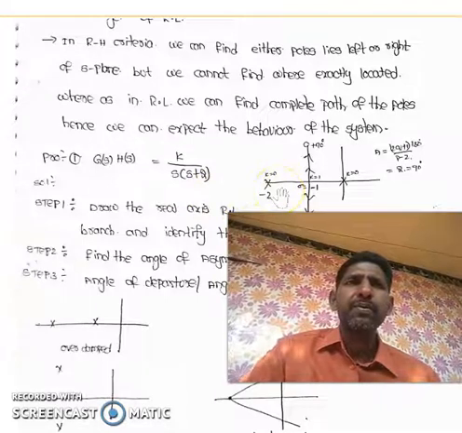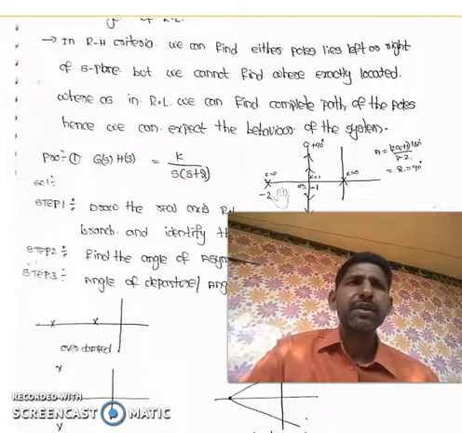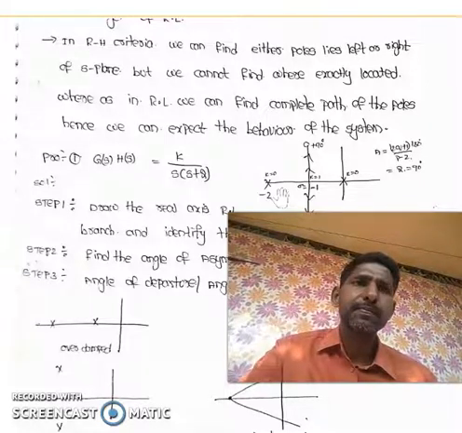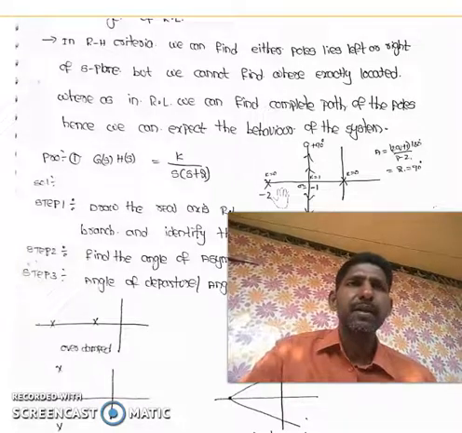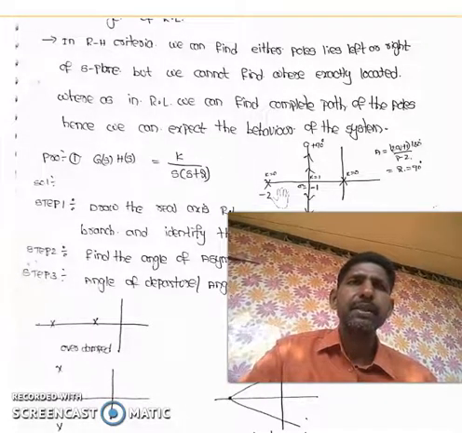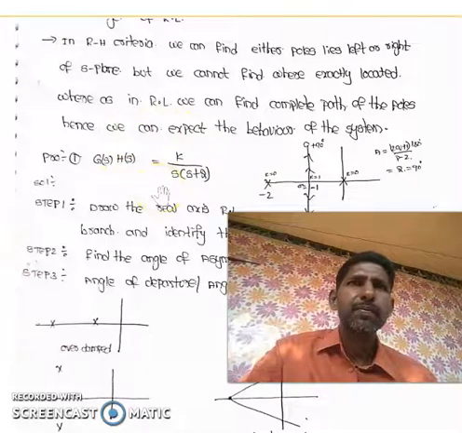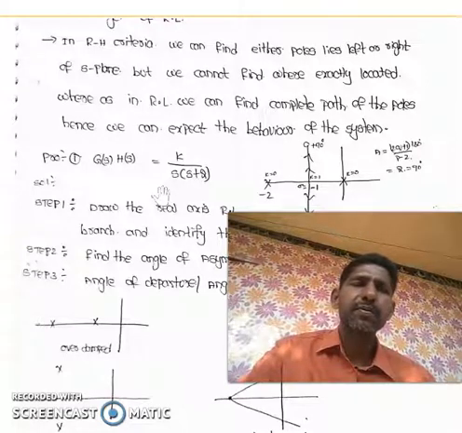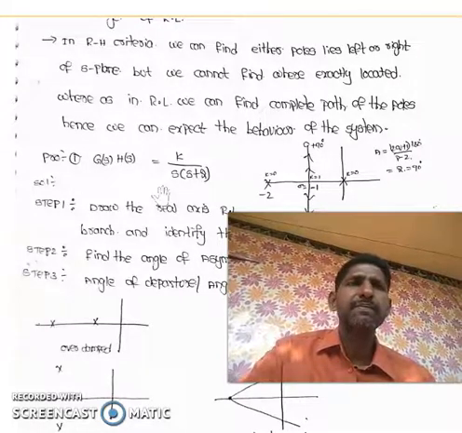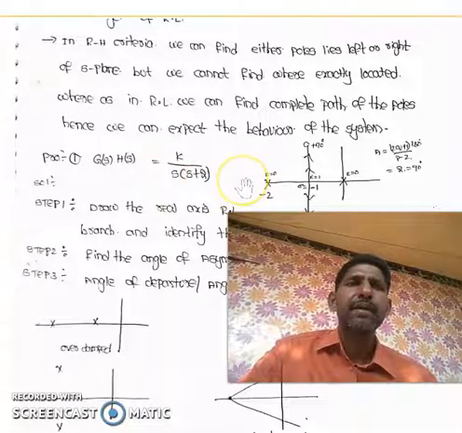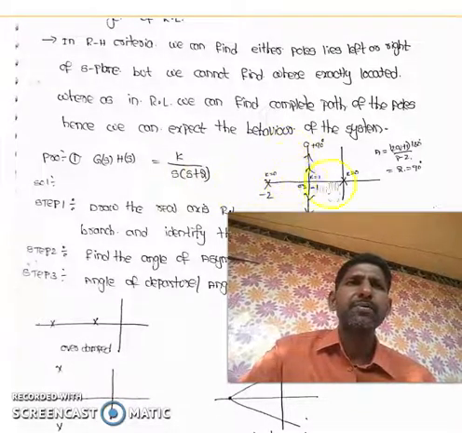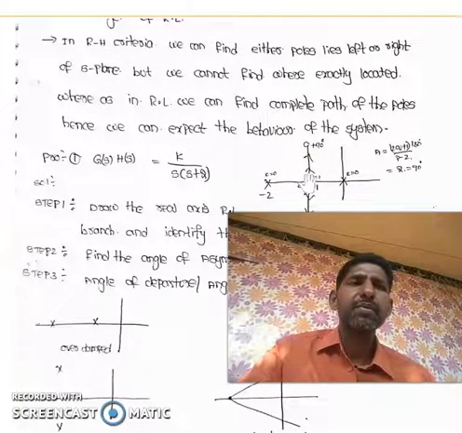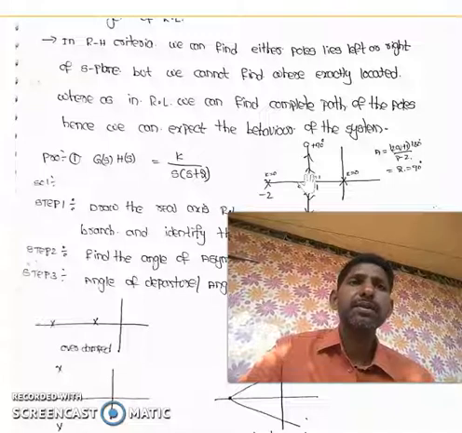We will be drawing the root locus for the open loop transfer function, and with the help of the root locus we will be finding the closed loop system stability.